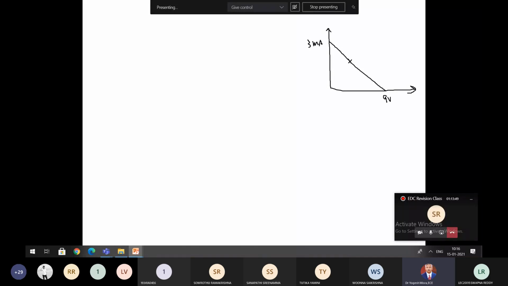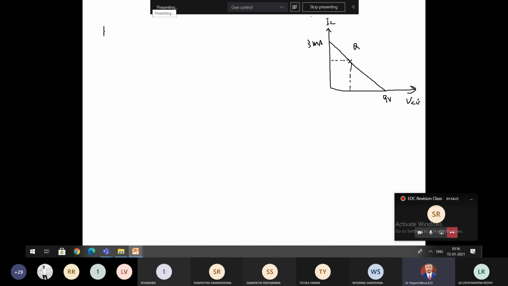So operating point will be somewhere here in this, right? For this operating point, we have to find the value of IC and VCE. On x-axis we are having VCE. So for that, first we will find the value of IB, and beta is known, so from beta IB we will get IC.